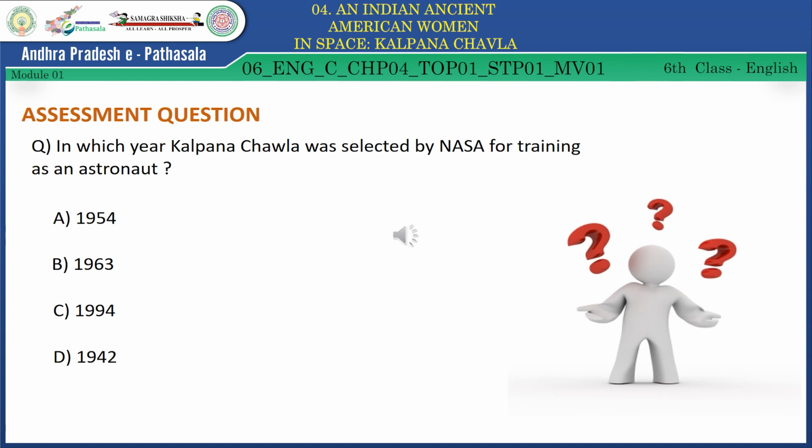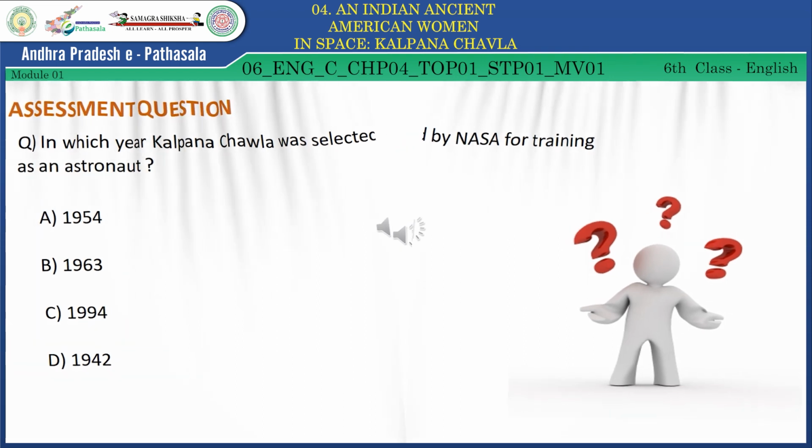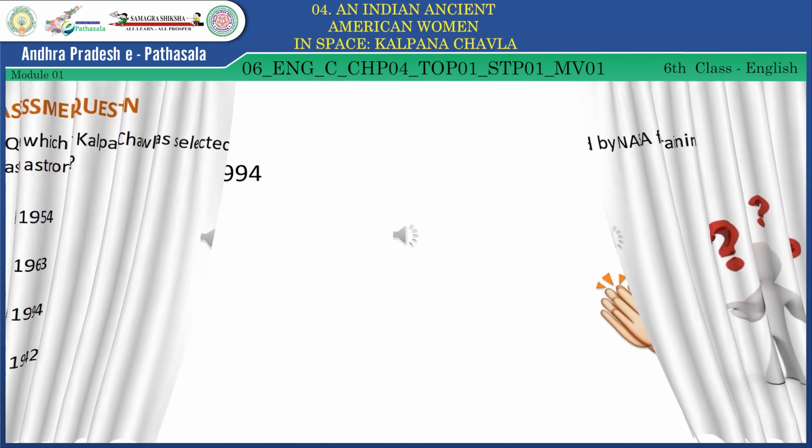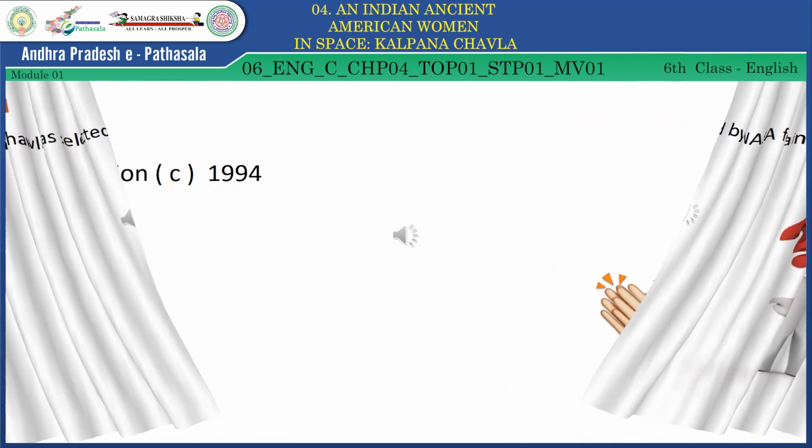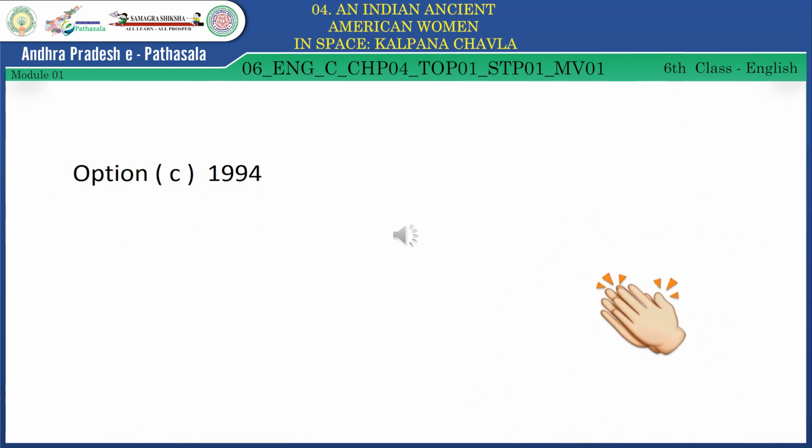Option B, 1963. Option C, 1994. And option D, 1942. Come on, children, guess the answer. Good, you are right. The correct answer is option C, 1994.